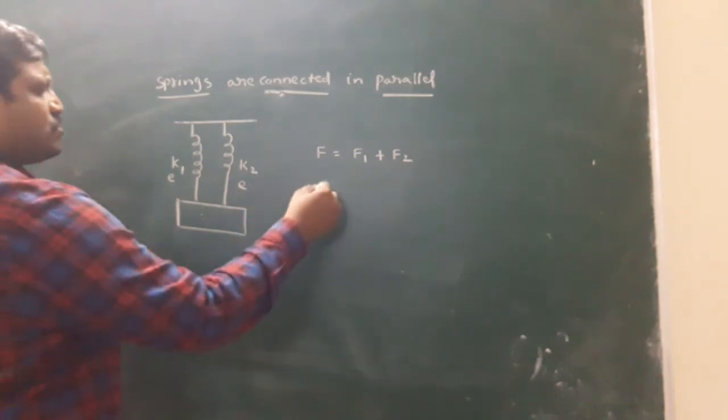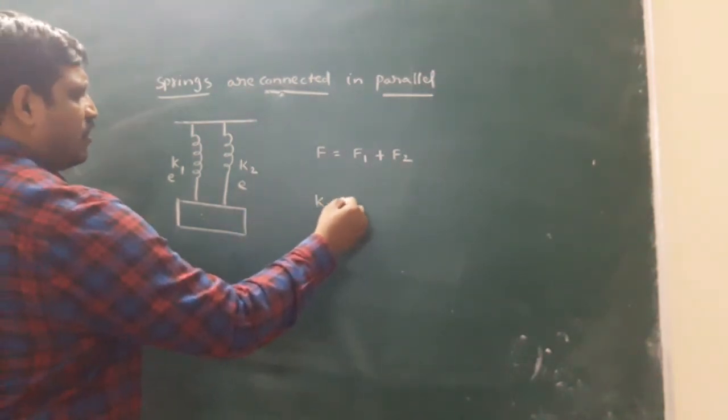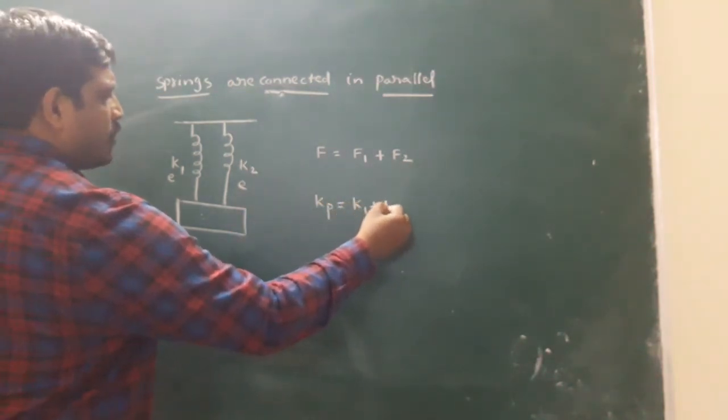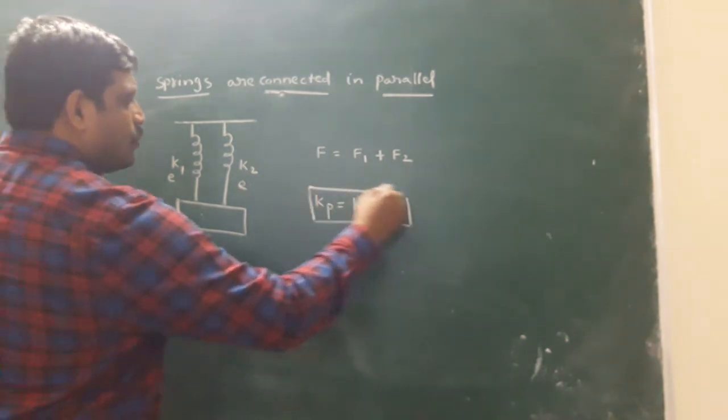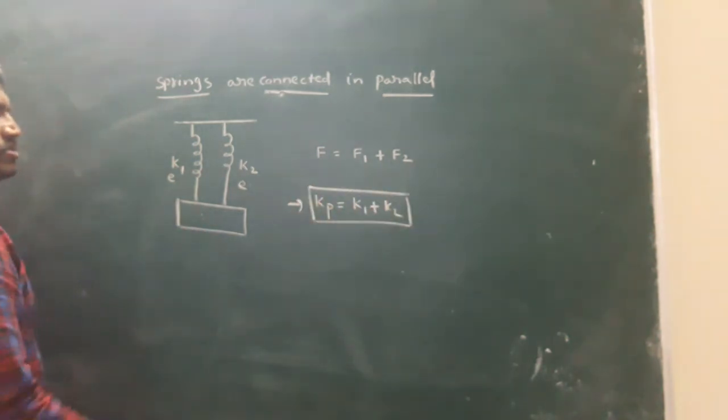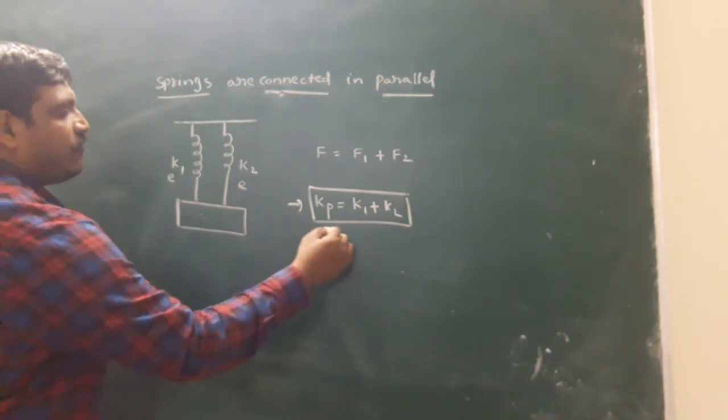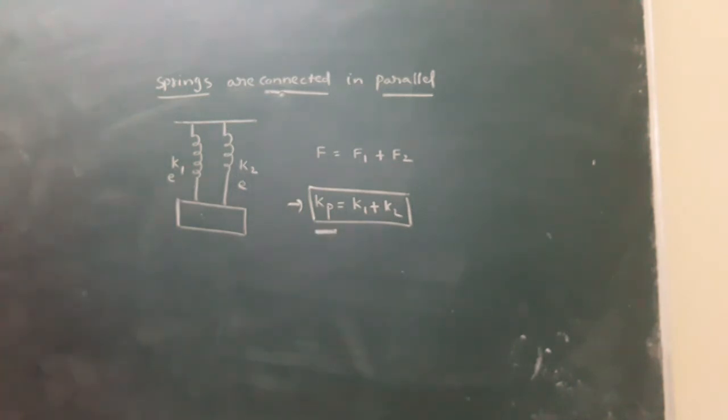Here, substituting neatly, finally we get Kp equal to K1 plus K2. Simply, this is the formula for effective force constant in parallel combination.